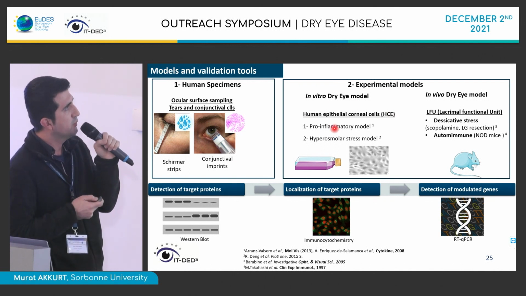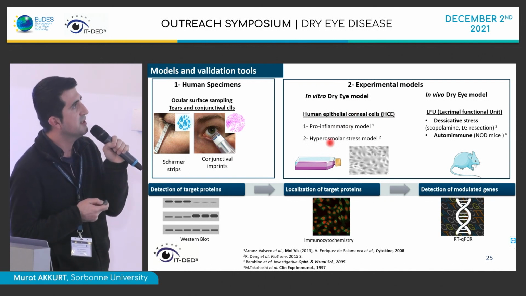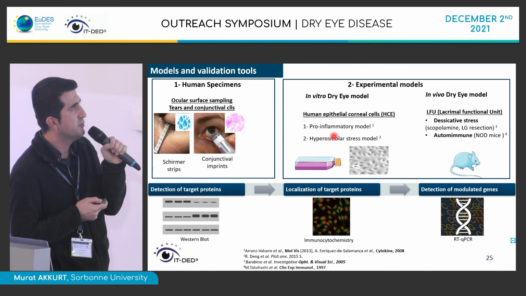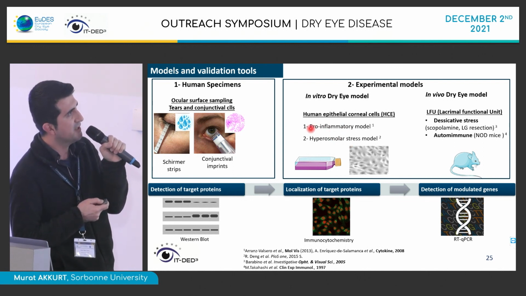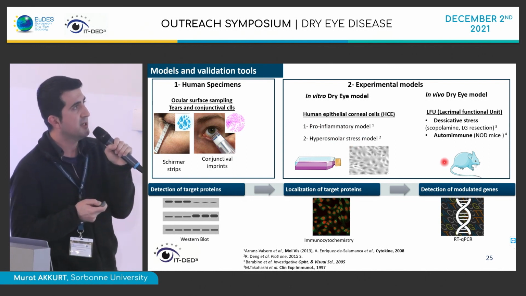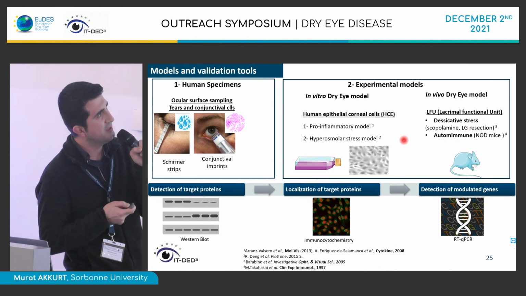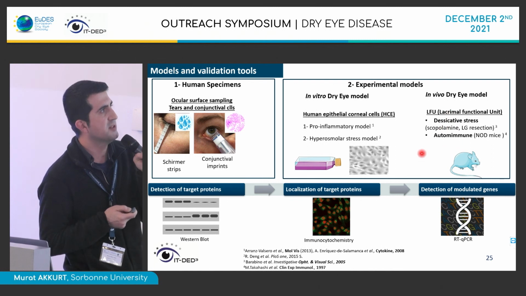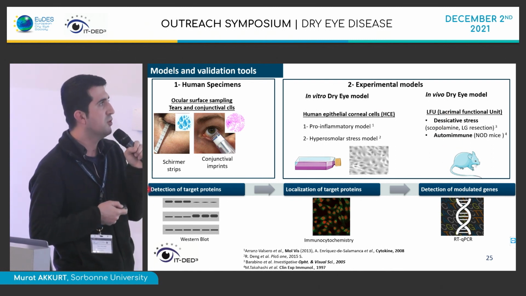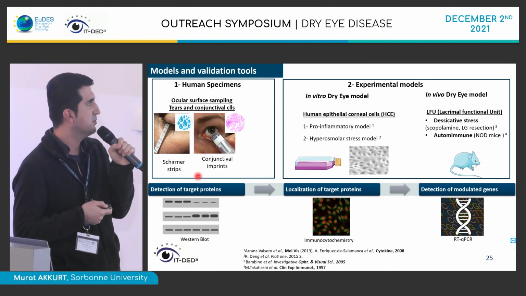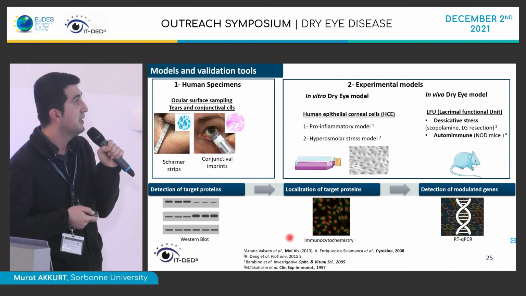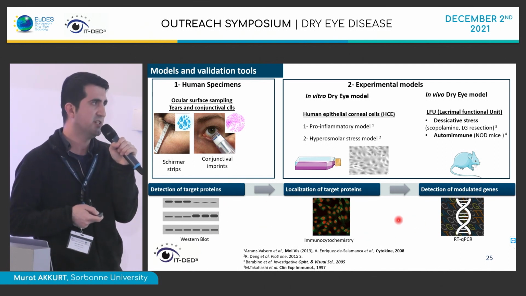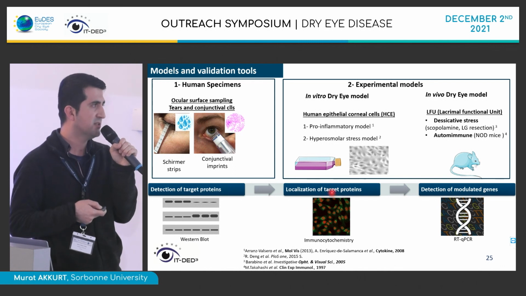So I work with human corneal epithelial cells with two models, pro-inflammatory and hyperosmolar stress model, and I also hope to be able to work with in vivo model and having tissues of lacrimal functional unit, and eventually all these specimens will be analyzed using different techniques for detection of proteins or gene expression or their localization and amount within the cell.